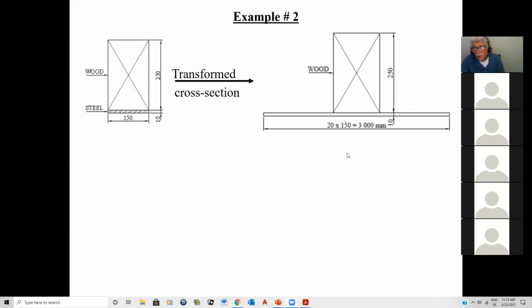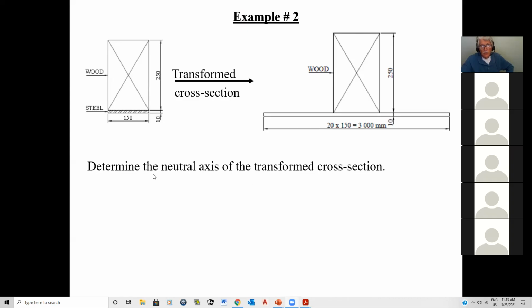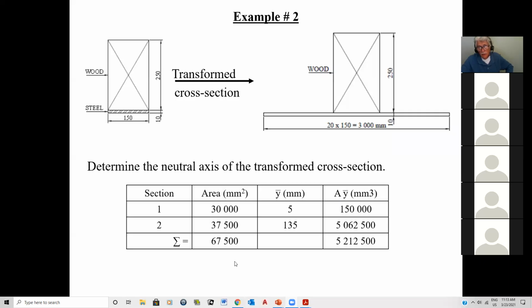So now that I've transformed the dimensions into an equivalent wood section, I can calculate the section properties. To determine the neutral axis, just like before, what's really amazing here is that the areas change, these stay the same. But guess what? Where do you think the neutral axis would be in this case? Does it change? Do you remember where it was when we transformed everything into steel?